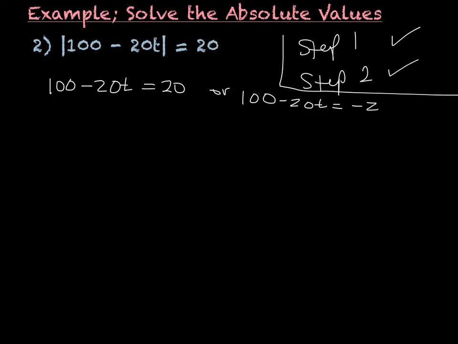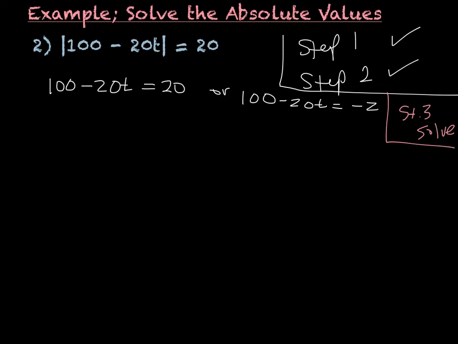So now we've split it up. So technically we have a step 3 on this one, solving for our variables. You won't always have that step 3, but this time we do.